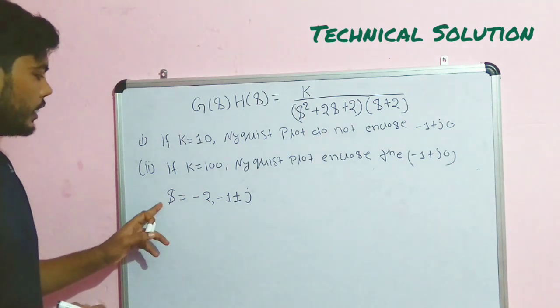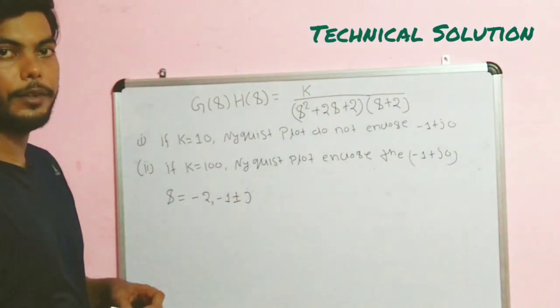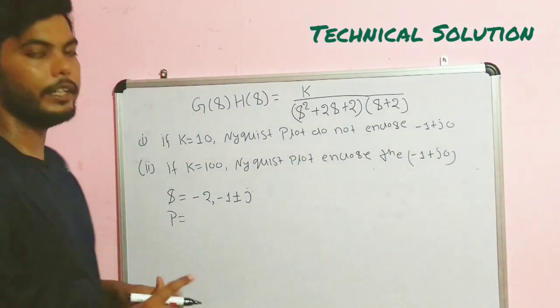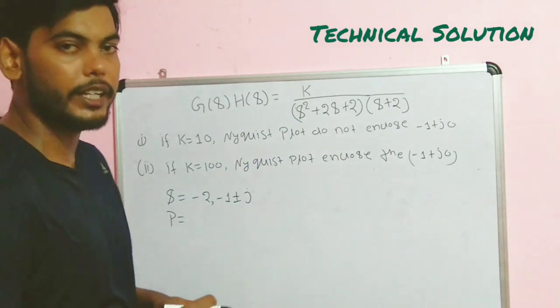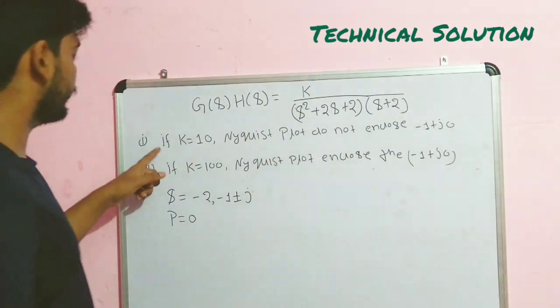So here we see the poles lie on the left side of the S plane. So the number of poles on the right side of the S plane is 0.